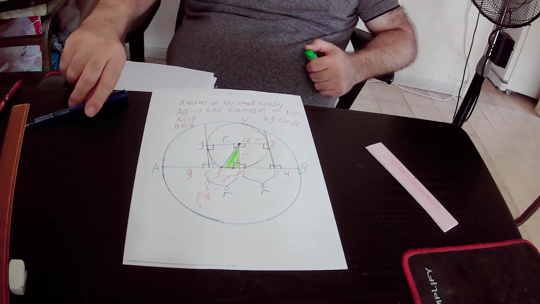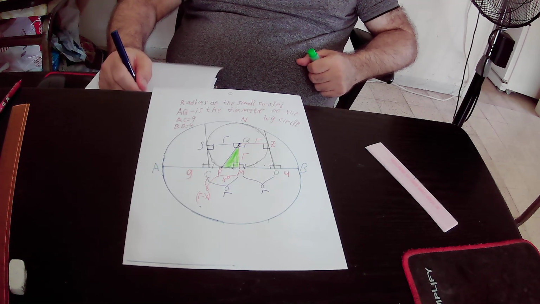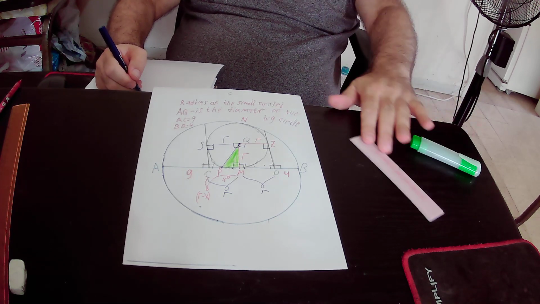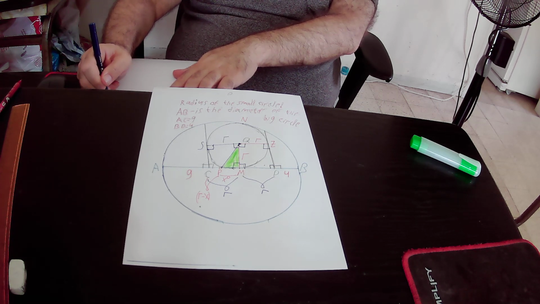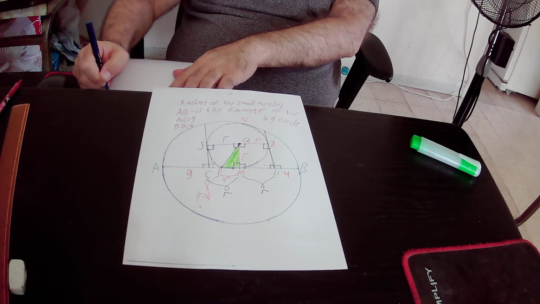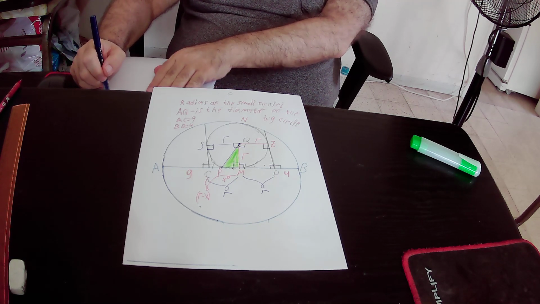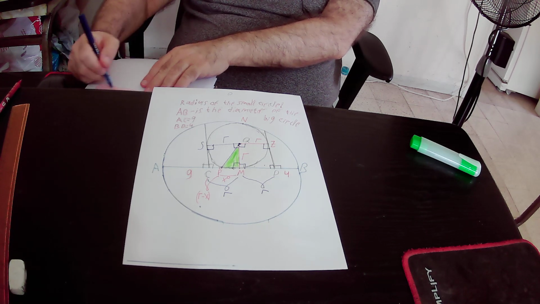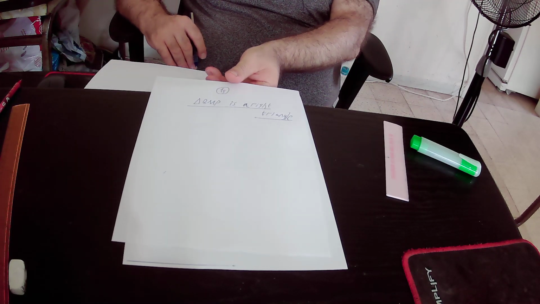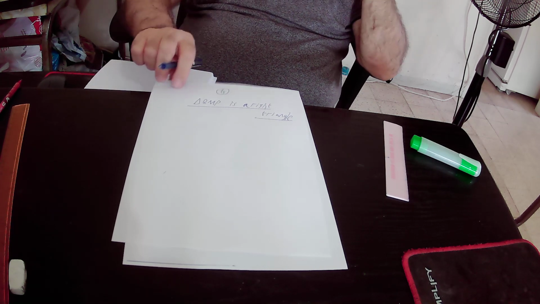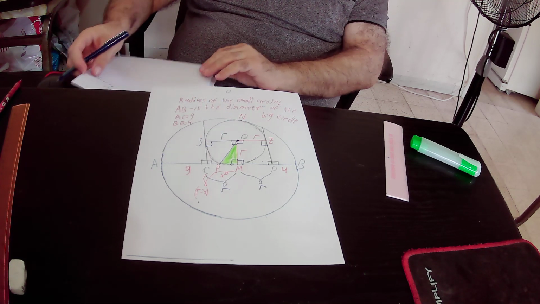Okay, so in triangle QMP, it is a right triangle, so actually we can implement the Pythagorean theorem in the right triangle QMP.